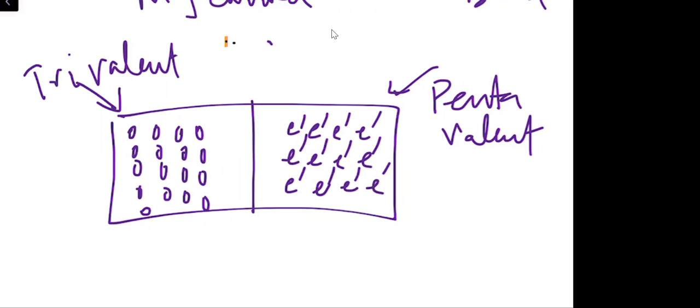And very few free electrons will be available here.